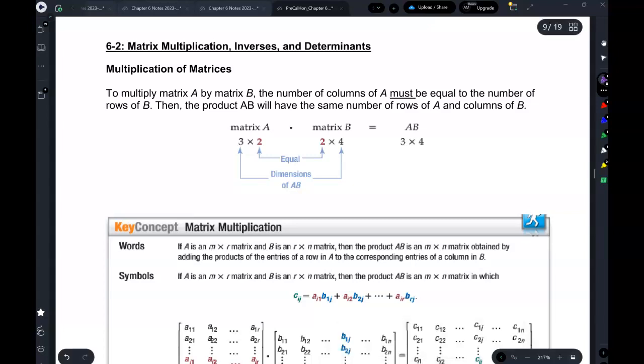To multiply a matrix A by a matrix B, the number of columns of A has to be equal to the number of rows of B, okay? Then the product will have the dimensions of the other numbers.